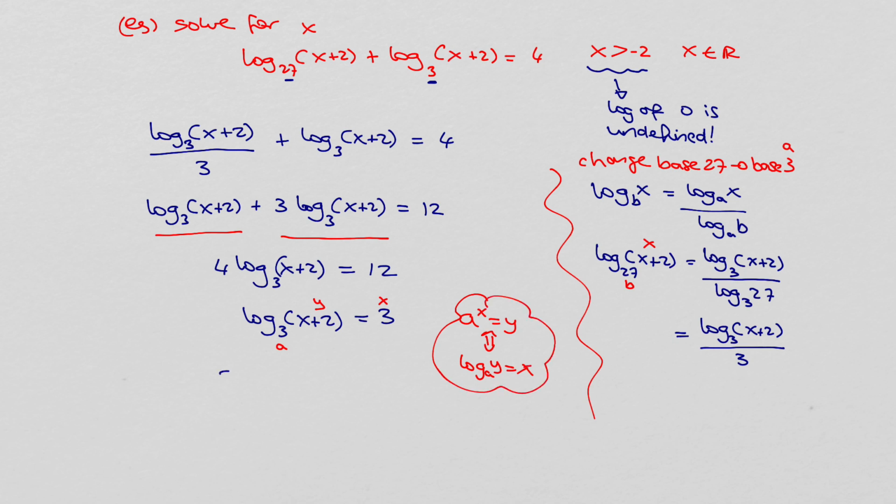So therefore that's going to be 3 to the power of 3 is equal to x plus 2. So in other words, 27 equals x plus 2. So subtracting 2 from both sides gives me x equals 25. And again, we can go back and check, but we have only one answer, so that is our value.